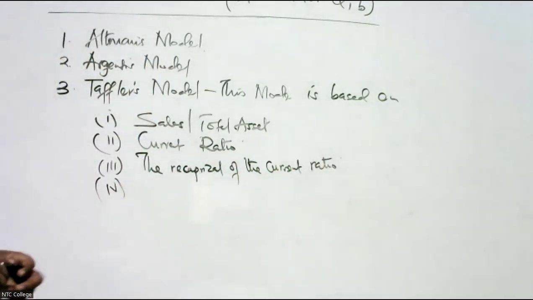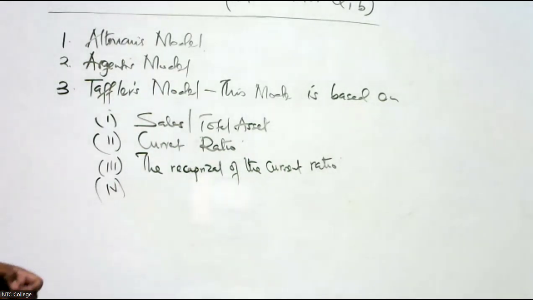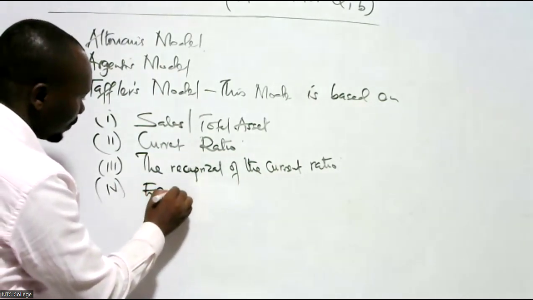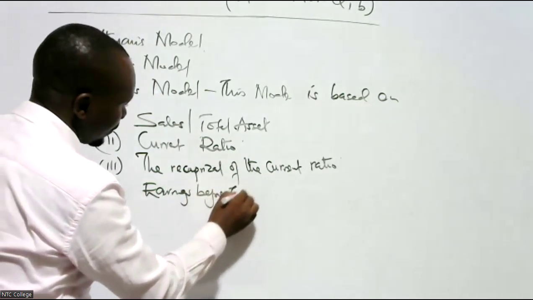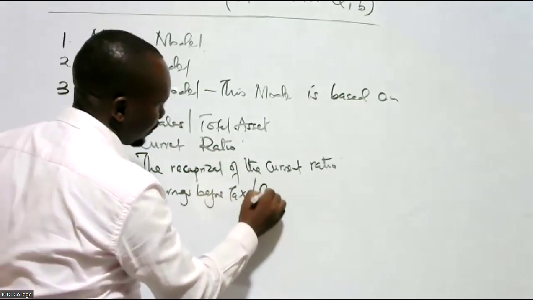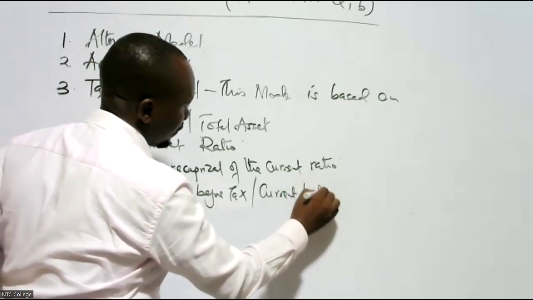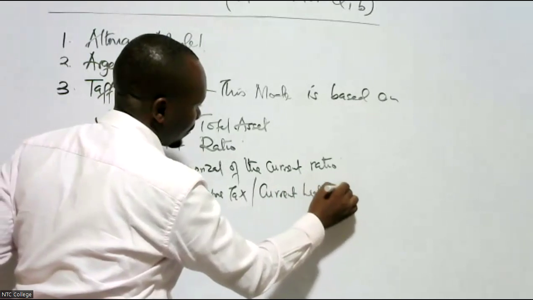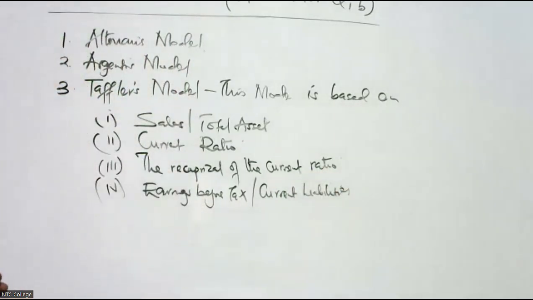The fourth is earnings before tax all over current liabilities.